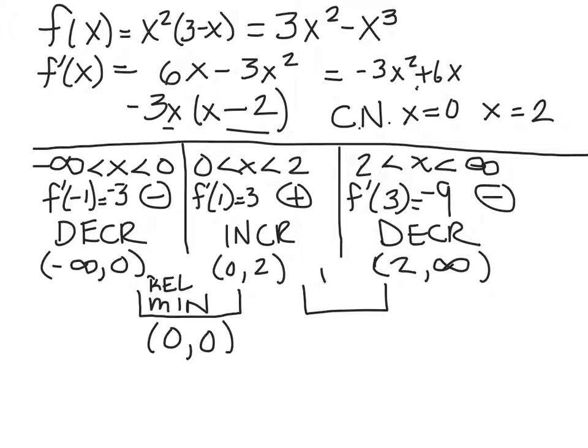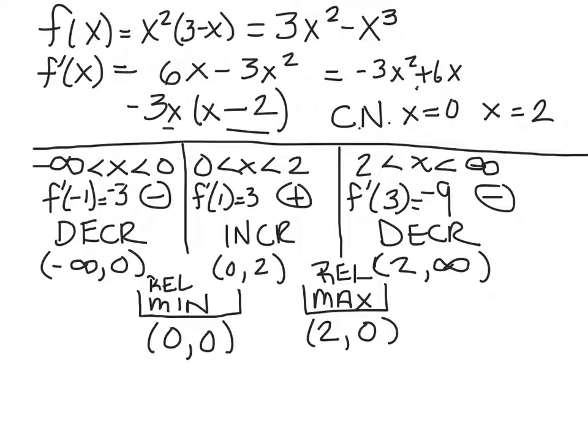Okay, this is going from increase to decrease, so this is becoming a relative max. So this is a maximum, and it's happening when x equals 2, because that's my critical number here. And when I plug 2 into the original problem, I get 0 also.